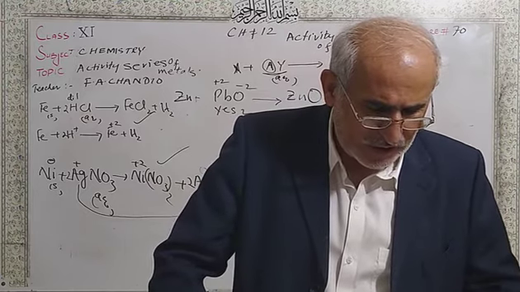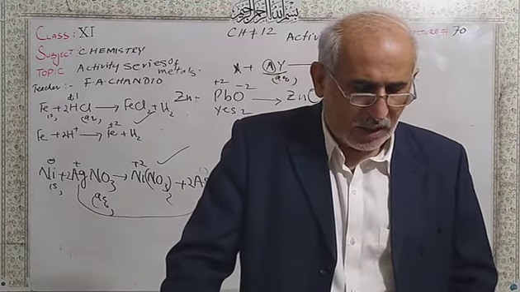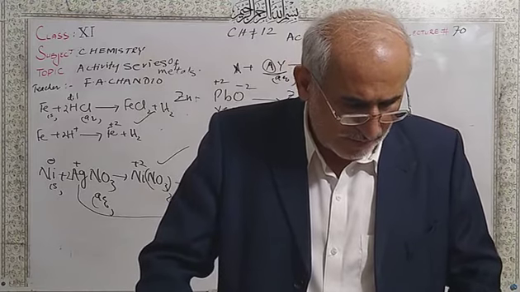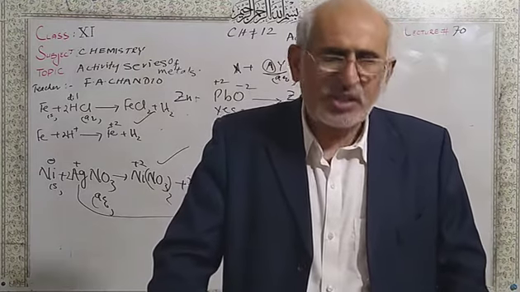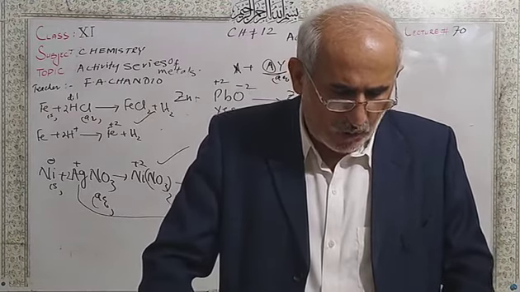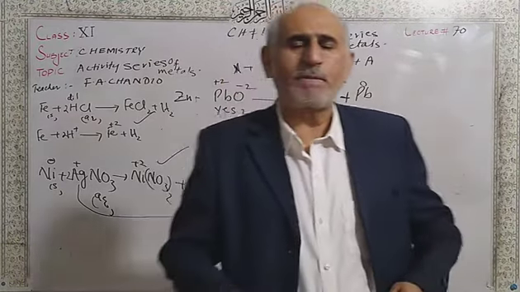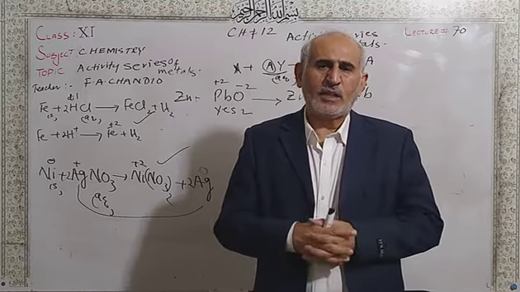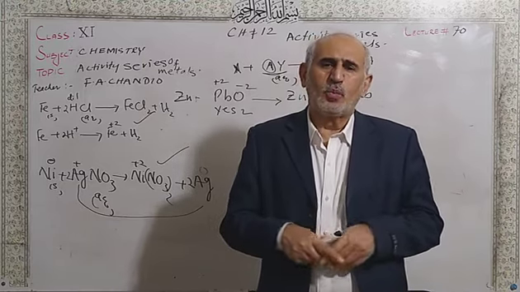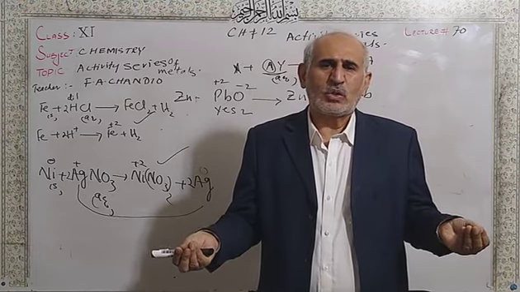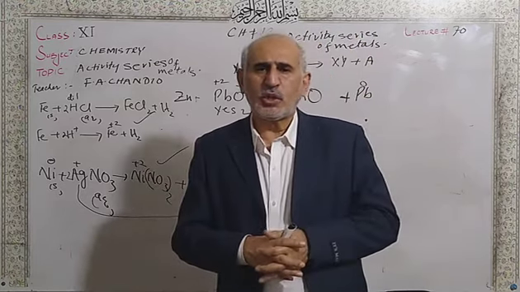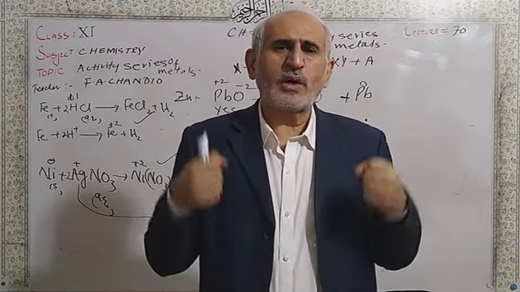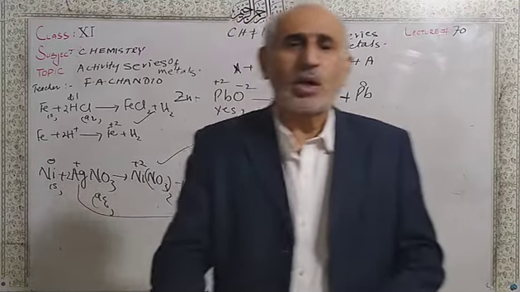Write the spontaneous reaction for the following set of half cell reactions. I already told you, gold reduces at 1.5 volt and nitrate changes into nitric oxide at 0.96, and the reduction cell which has the more positive value will be reduced, and the one which has the more negative value is going to be oxidized.